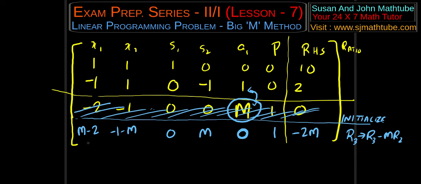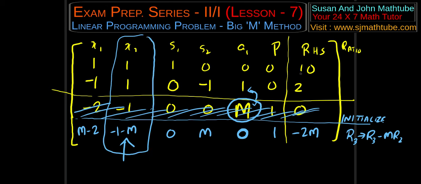And now we have to find the most negative quantity. Clearly the most negative quantity. So this is our column. Now let's go for the ratio. 10 by 1 is 10, 2 by 1 is 2, so I prefer this. No, I'm forced to take this.